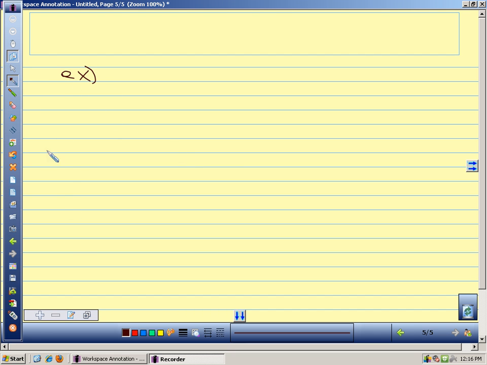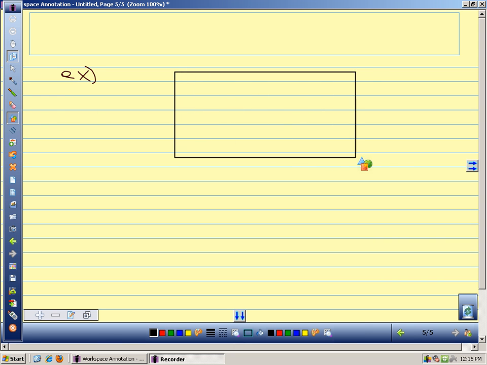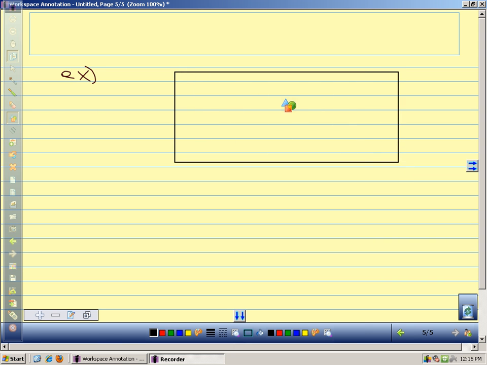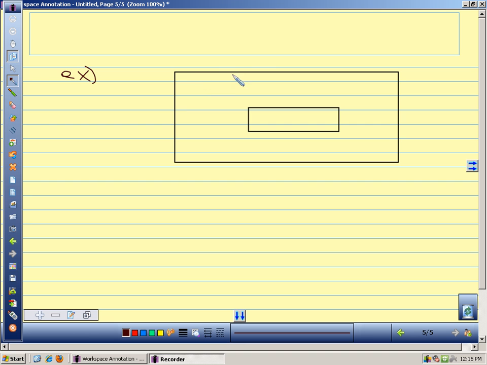So for this problem, we have two rectangles. We have one here and one here. And the outside, the bigger one, is 12 by 10, and the smaller one is 6 by 4. And we want to find the area of the shaded part.